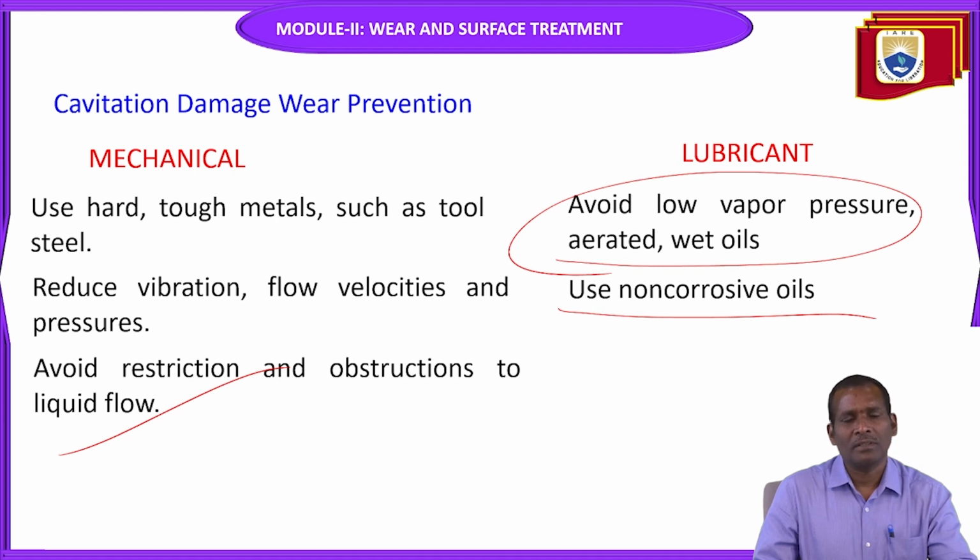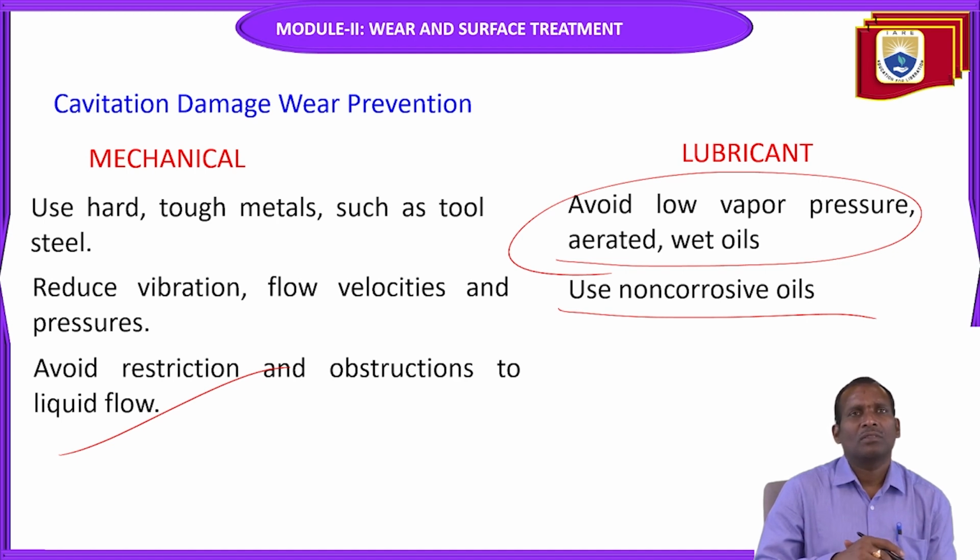First minimize the vibrations by tightening the bolts and nuts and by setting the various components, and reduce the velocities, flow velocity, pressure, low pressure and high pressure. So all these things lead to control this cavitation damage.